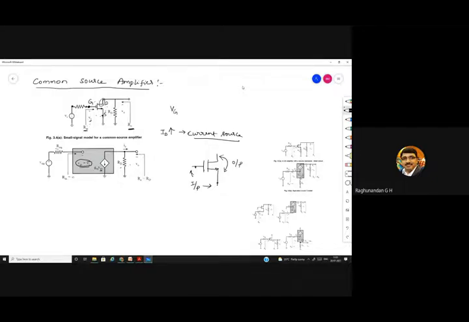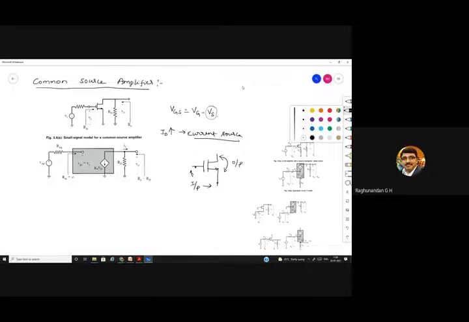Because when you consider VGS, it is VG minus VS. What is the voltage across the source? Zero, sir.